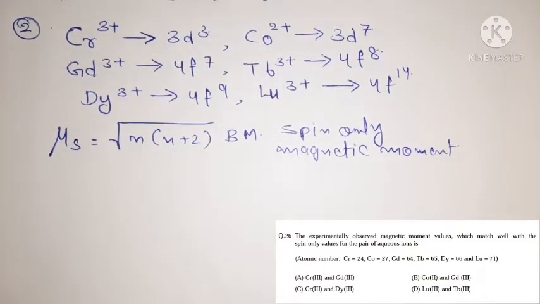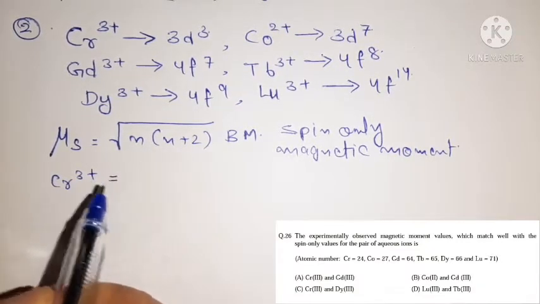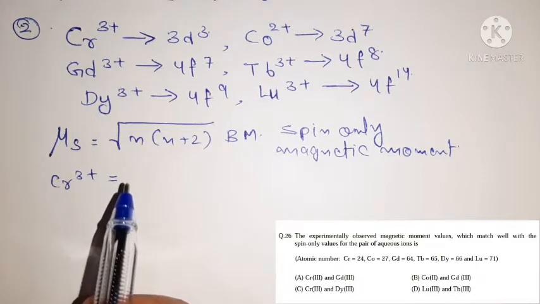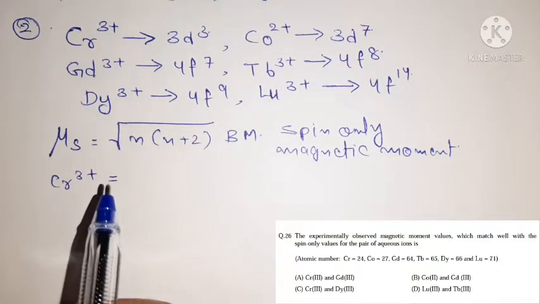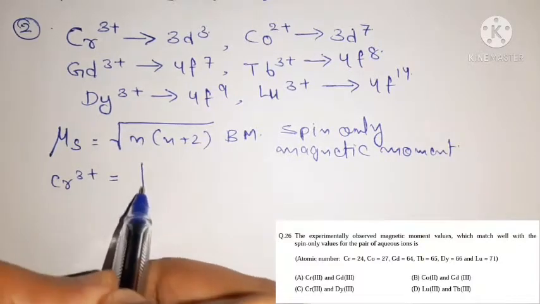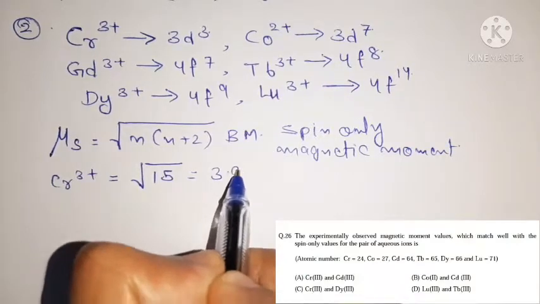Now for chromium 3 plus, we have 3 unpaired electrons. That means the value of mu will be under root 15, which is 3.96 Bohr magneton.